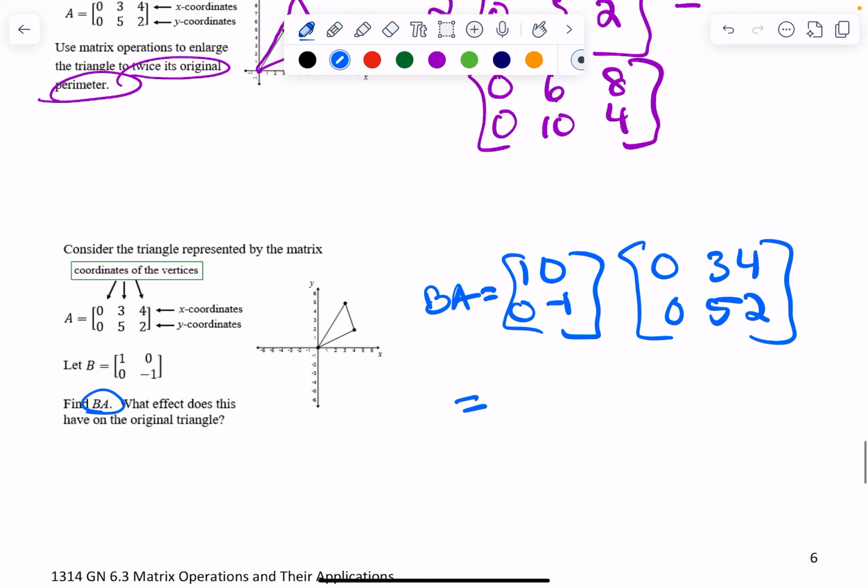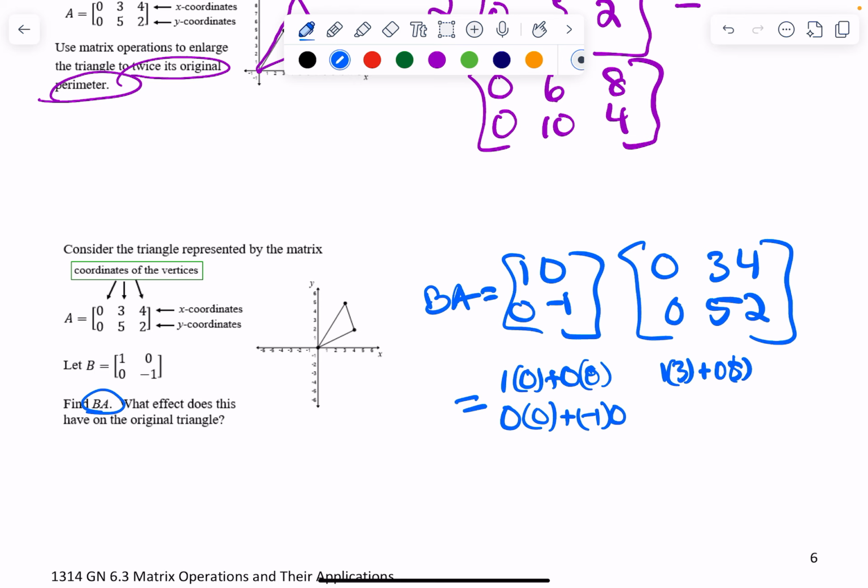Okay, first row, first column, 1 times 0 plus 0 times 0. Second row, first column, 0 times 0 plus -1 times 0. First row, second column, 1 times 3 plus 0 times 5.